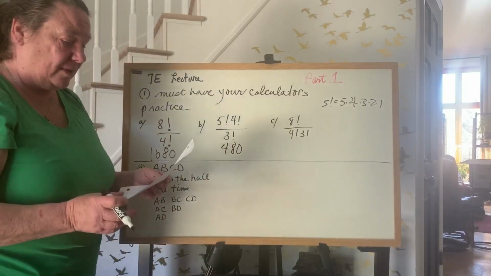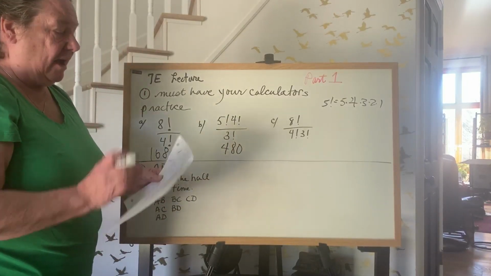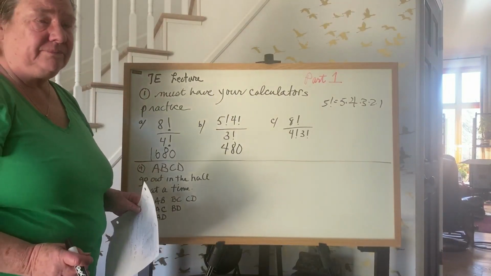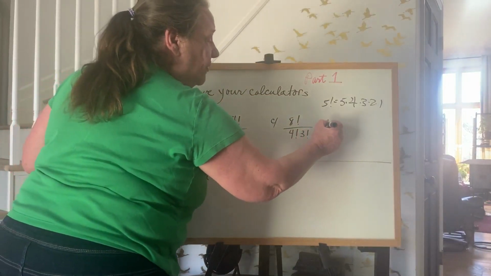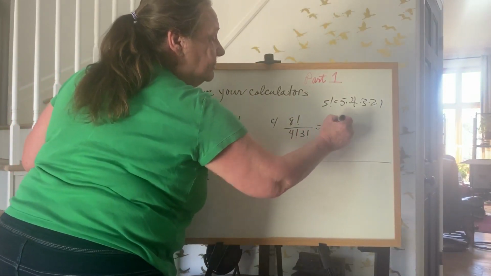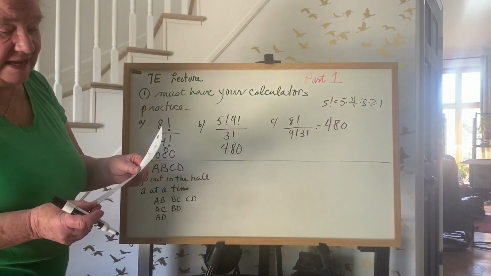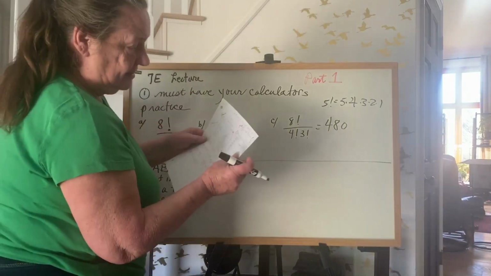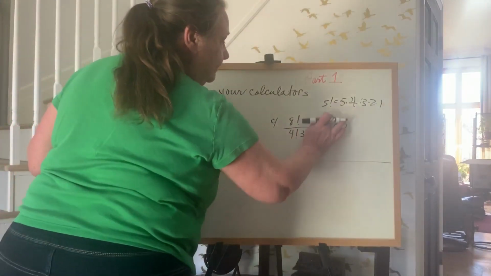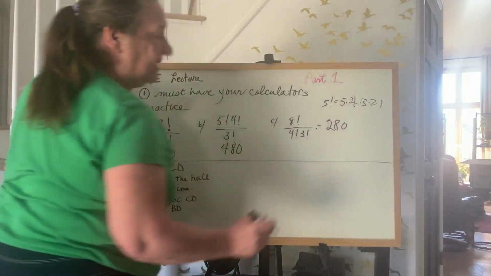Okay, now the last one is the tricky one. I want you to try it on your own and see if you get the correct answer of 280. Got my numbers mixed up.